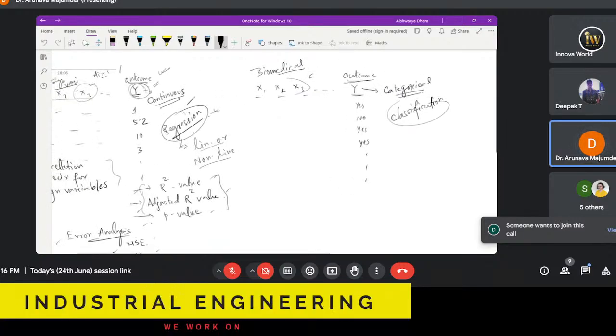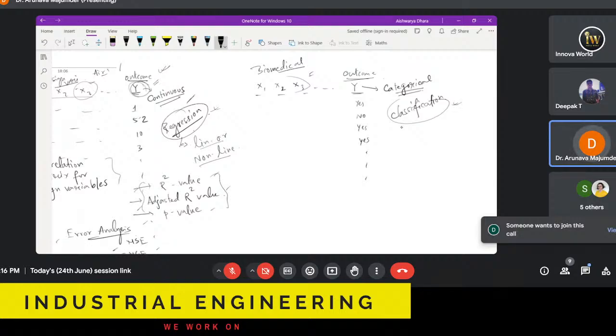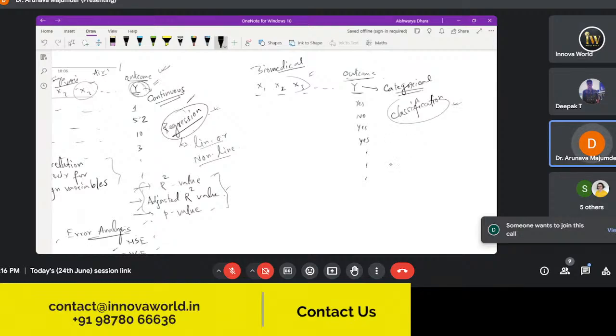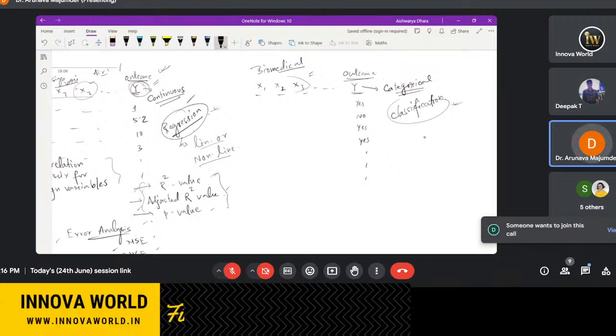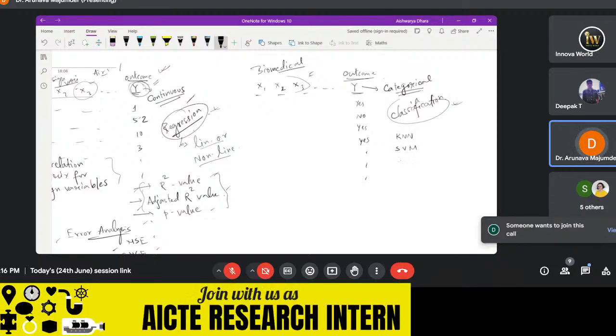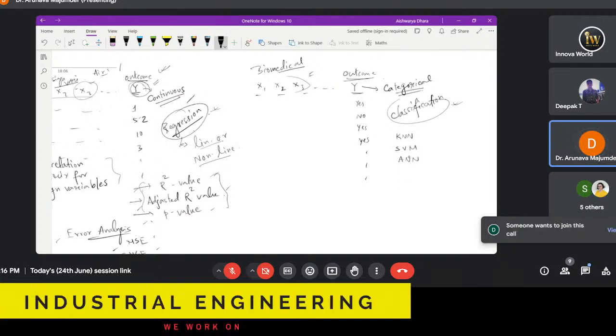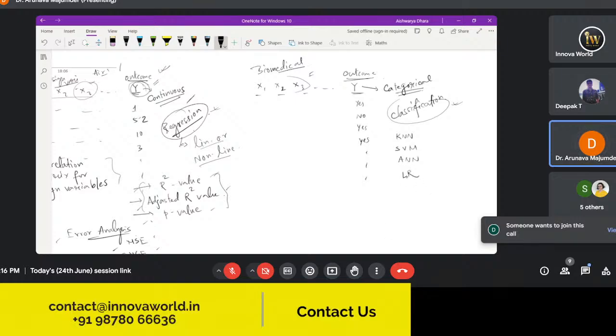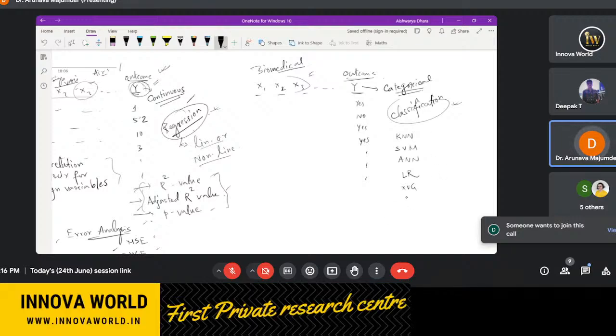Now come to the classification. In case of classification, what we need first is the classification model. Classification has different kinds of techniques. You can apply KNN, support vector machine, ANN (artificial neural network), logistic regression, XGB, decision tree and random forest.